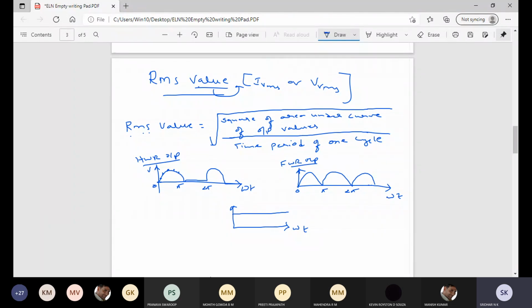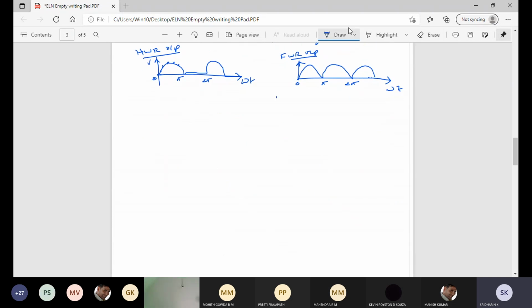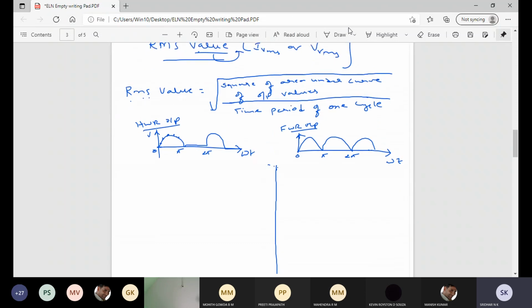Now we'll start deriving the RMS value for half wave rectifier and full wave rectifier, with respect to this formula.